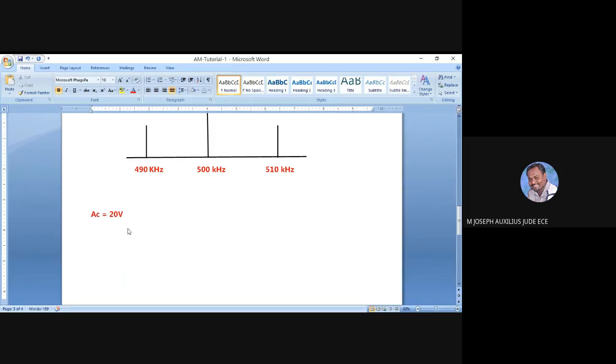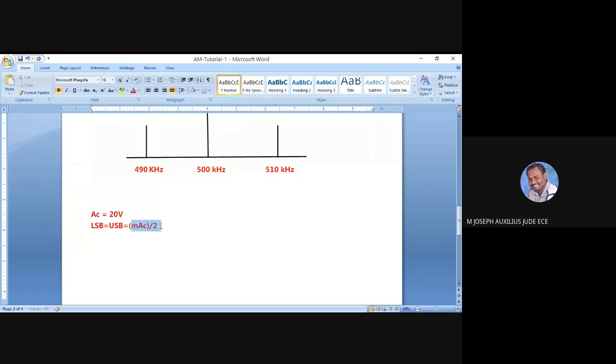What is the amplitude of lower sideband and upper sideband? LSB is equal to USB, because both the lower sideband and upper sideband amplitudes are equal to small m into capital AC divided by 2. Am I right? This is the formula to find out.